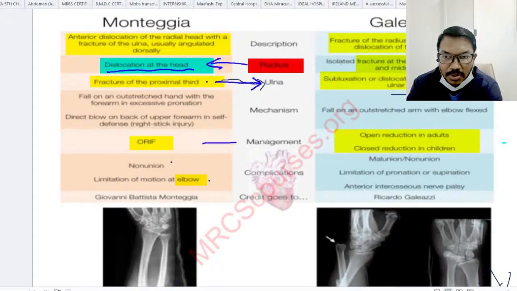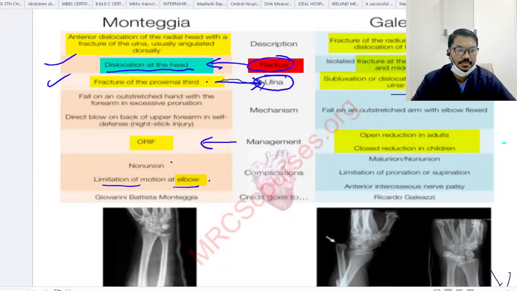Mechanism no need, management no need, and limitation of motion in the elbow no need. Just focus on these two points. What happens in the radius? What happens in the ulna? Okay, attention.